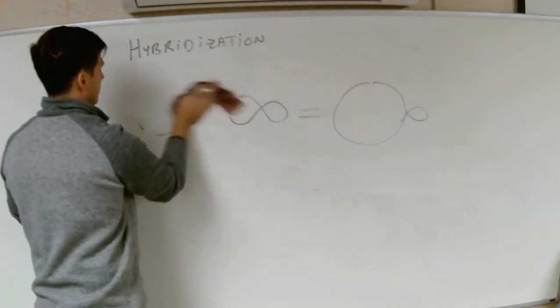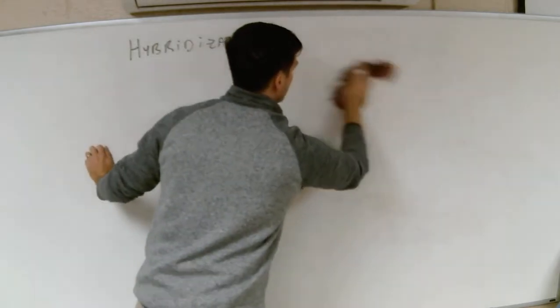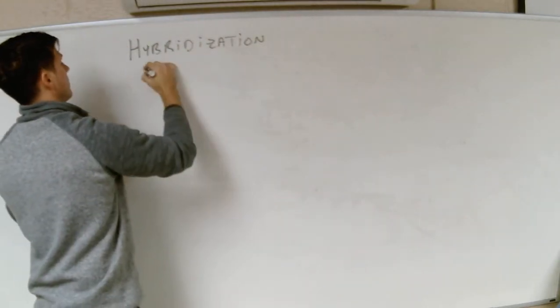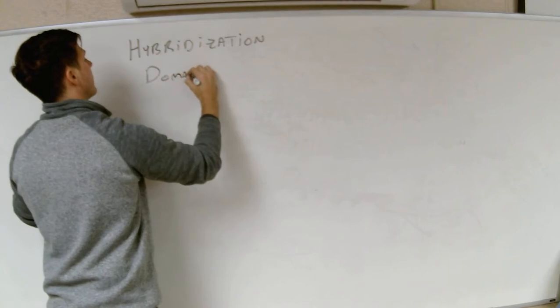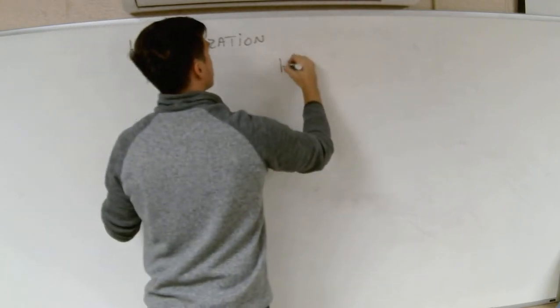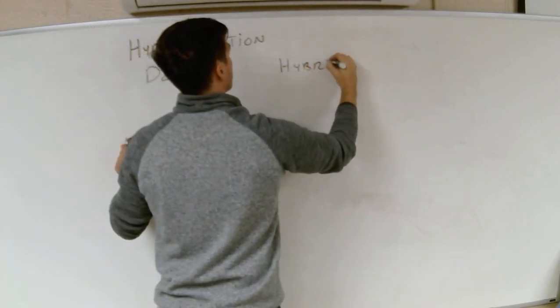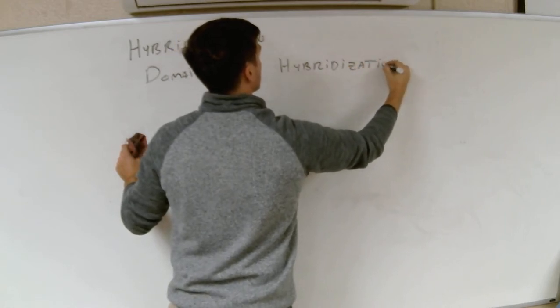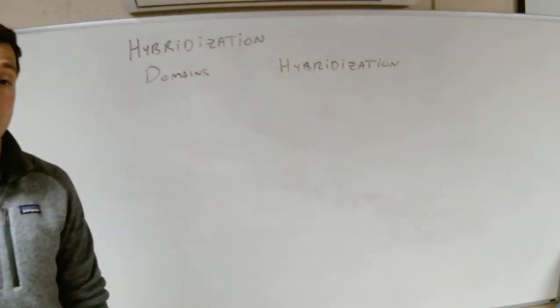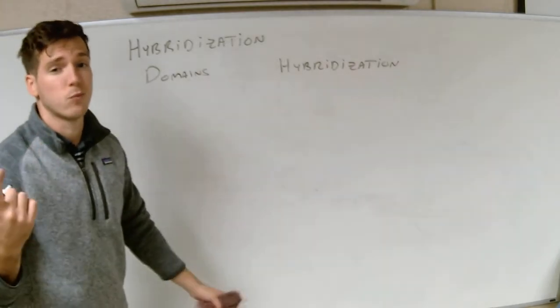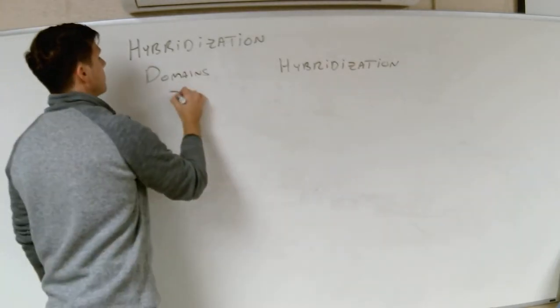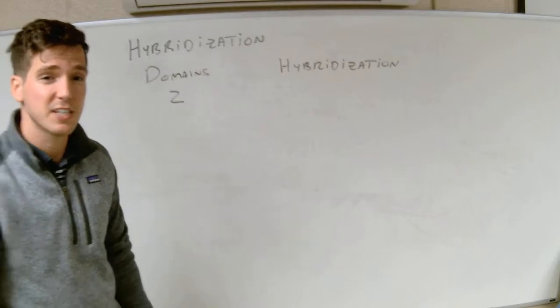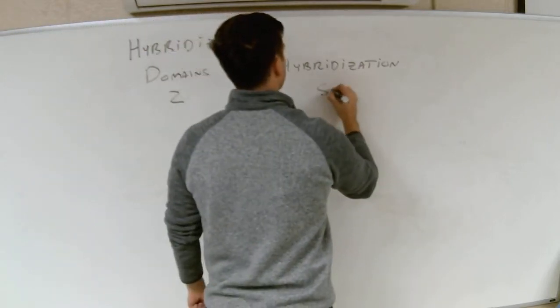So here is what you need to know. Say we have domains on one side and hybridization on the right side. You'll never have just one domain. If you have 2 domains, your hybridization is sp.